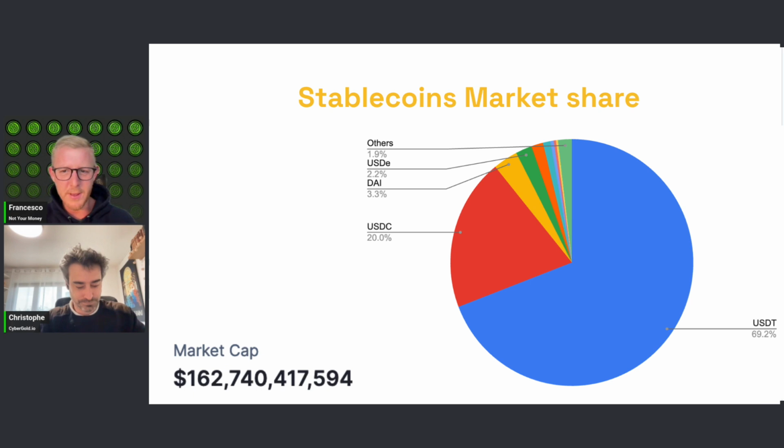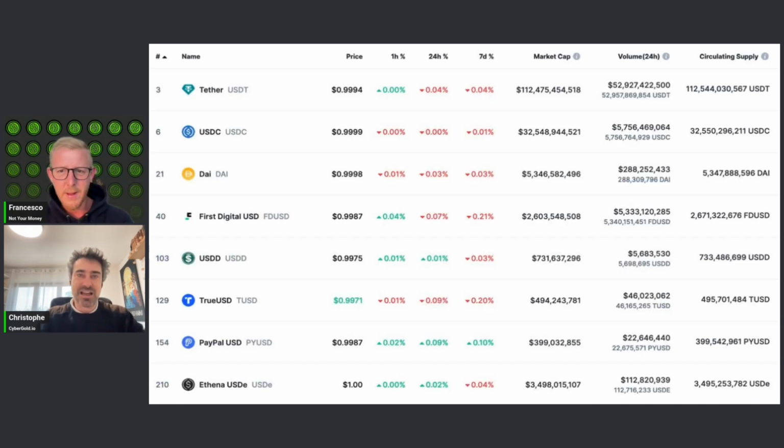We see here on the screen the composition of the market at the moment. They seem pretty dominated by a few. You're right. Even if there is true diversity in the landscape, it is still very concentrated.